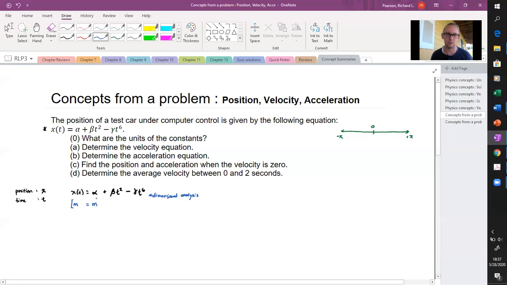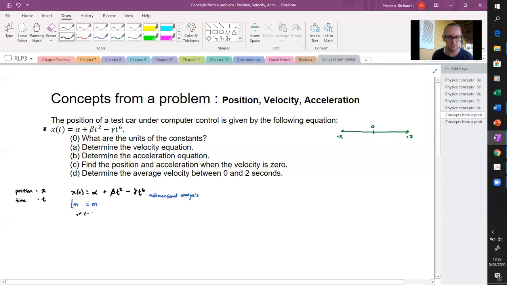It's not being multiplied by anything, which means that if t was 0, for instance, then this term would go away, and this term would go away, which means we would just be left with alpha, which means that alpha must be an initial position of the particle. So now that I've just said that, I'm going to put a little note down here.